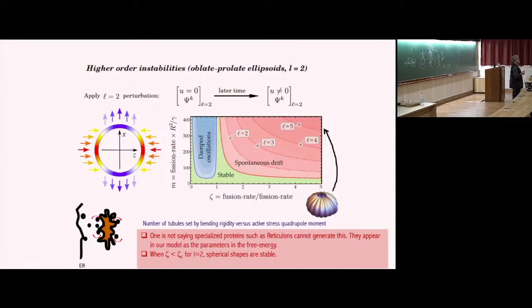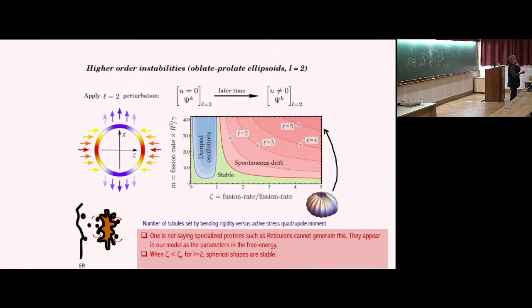It could be, of course. I was just responding to something that Neer and I were talking about during lunchtime. It's true that people like Misha Kozlov, whose theory this is, talk about how the tubulation in ERs is generated by these specialized curvature generating molecules called reticulons.